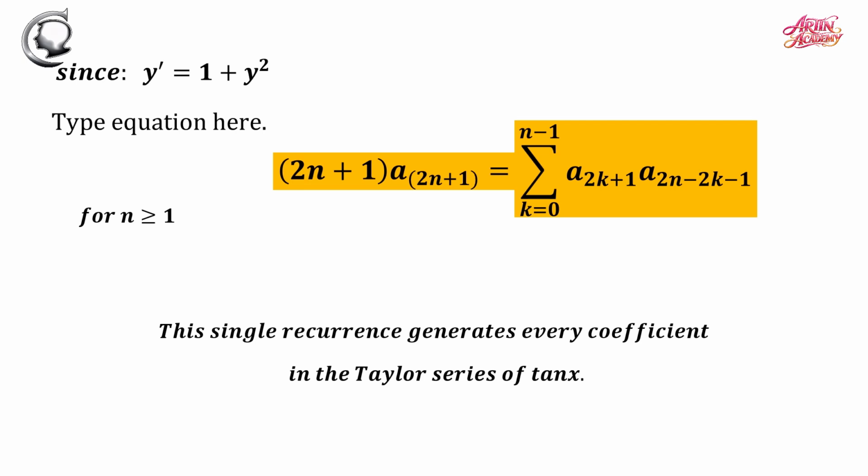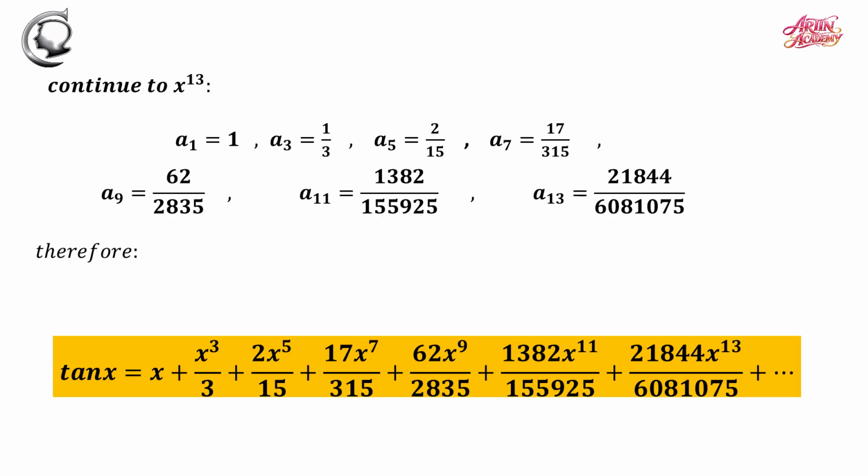Because y prime equals 1 plus y squared, these two coefficients must be equal. Therefore, we obtain the recurrence relation: 2n plus 1 times a sub 2n plus 1 equals the sum from k equals 0 to n minus 1 of a sub 2k plus 1 times a sub 2n minus 2k minus 1. This recurrence relation is the key to generating all the coefficients of the Maclaurin series.